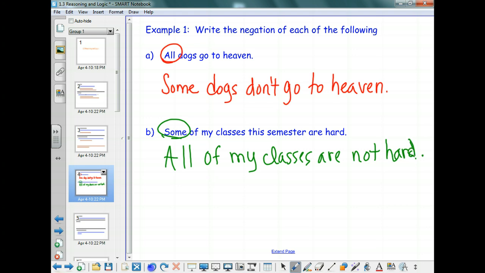Okay, so that's one way I could rephrase it. But instead of the word all, I could have chosen the word none. And if I chose the word none, that would be okay as long as what follows makes sense with it. So again, some of my classes are hard. What's the opposite of that? None of my classes are hard.